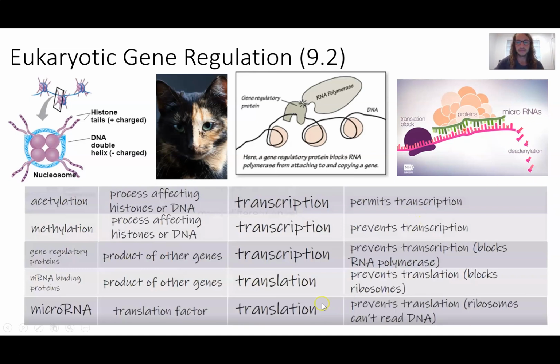Prevents, again, translation. Ribosomes cannot read that messenger RNA because of what are called microRNA. So these are a few things that eukaryotes do to control what genes are expressed or not. So you can pause the video here and fill that table in. I'll talk to this table a little bit more on the next slide.